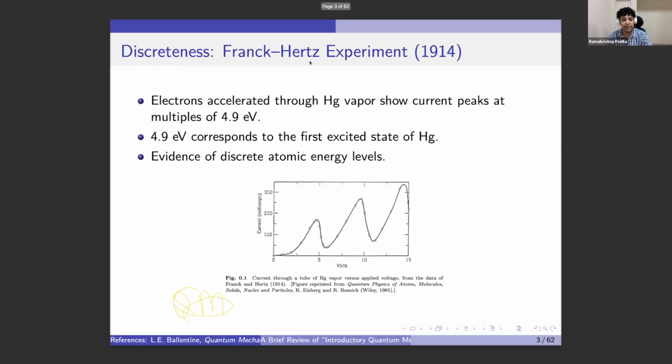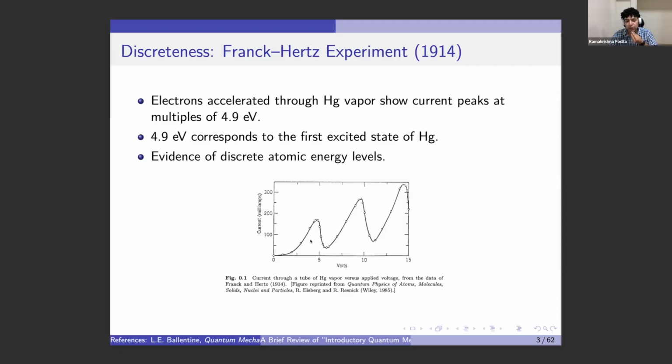So discreteness, as you can see here, is the current through a tube containing mercury vapor versus voltage. That is the plot that you are seeing here. What was observed was that there are current peaks at certain voltages, and these voltages correspond to multiples of 4.9 electron volts.